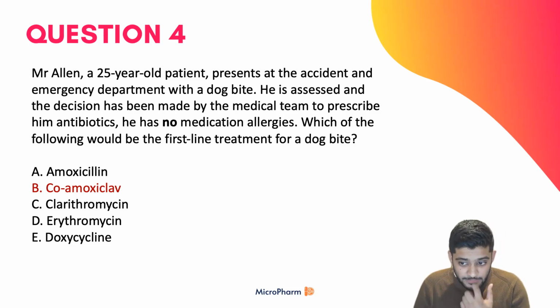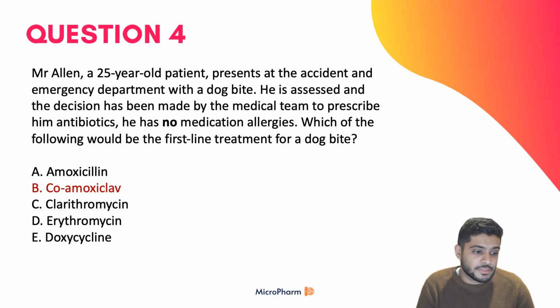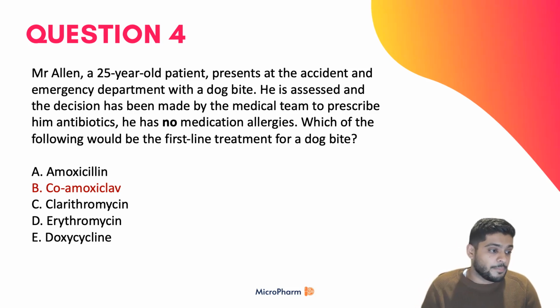So it's very important to cover aerobic organisms. Amoxicillin gives you great cover against aerobic organisms. It gives you some cover against anaerobic organisms, but not as comprehensive as co-amoxiclav. So it has a much broader spectrum of activity, and therefore co-amoxiclav is often recommended for a dog bite compared to amoxicillin.